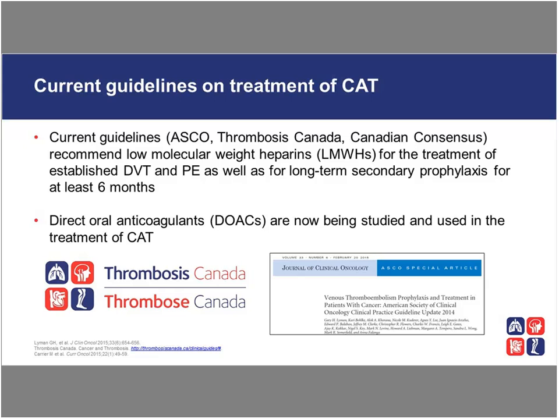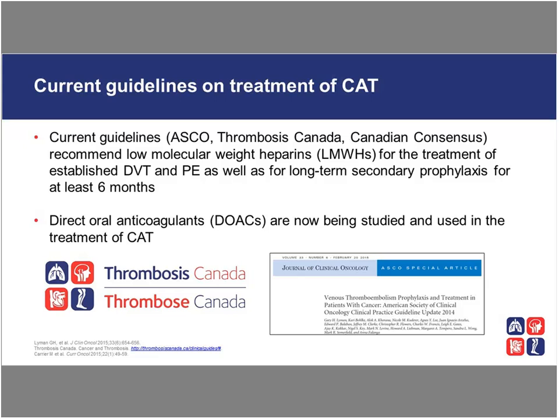We note that they recommend low molecular weight heparin for the treatment of established deep vein thrombosis and pulmonary embolism, as well as for use in the long-term secondary prophylaxis for at least 6 months of duration. However, these guidelines have not been, as of yet, formally updated since the introduction of the direct oral anticoagulants, and their use is now being steadily, increasingly studied in the patients with cancer and active thrombosis.